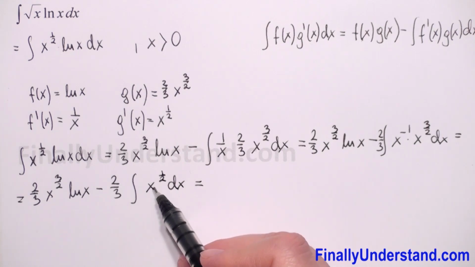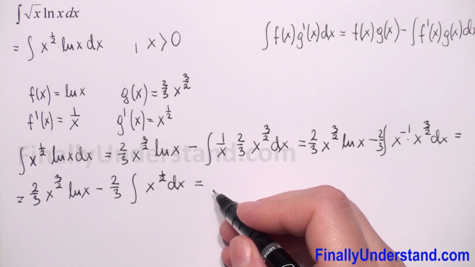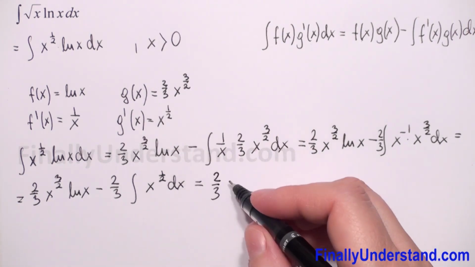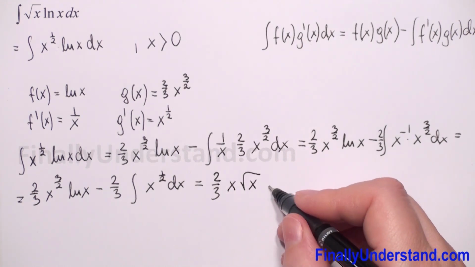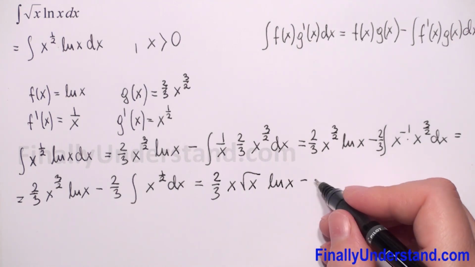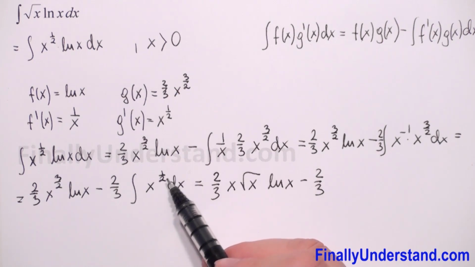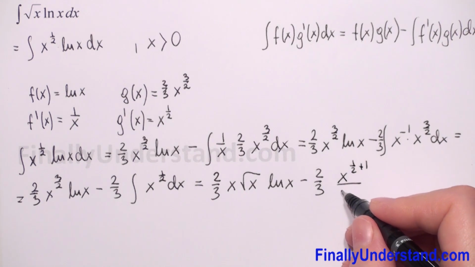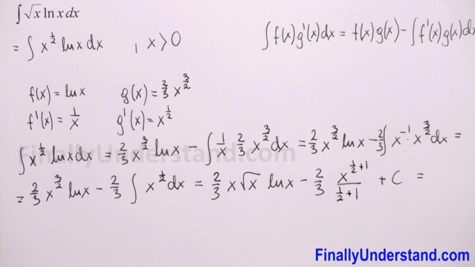Now we have to use the integral of power function formula to find the integral of x to the power 1/2. So we have 2/3, and x to the power 3/2, we can write that this is x times square root of x, natural logarithm of x minus 2/3 we have to copy, and the integral of x to the power 1/2 is x to the power 1/2 plus 1 over 1/2 plus 1. Of course, we need to add a constant, so this is equal.